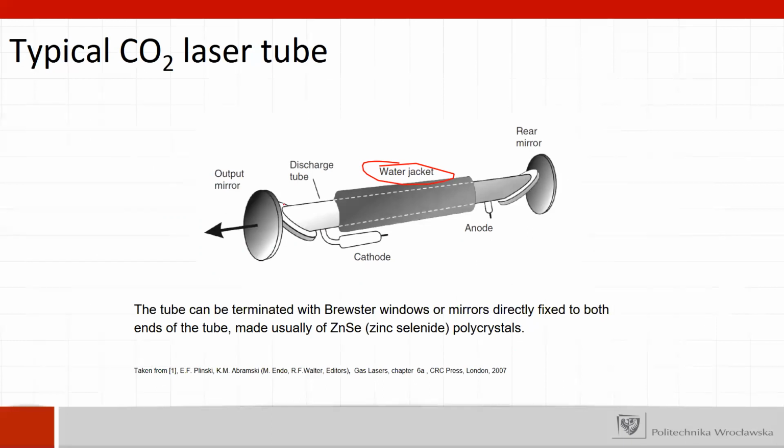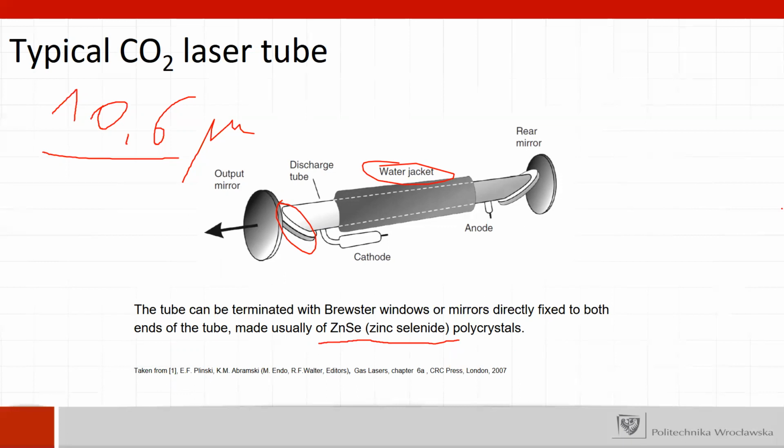And the other thing is that since the laser generates light in the infrared spectral range, like 10.6 micrometers, this is a quite long wavelength. So typical glass based on silica is not transparent to this wavelength anymore. So these windows, these Brewster windows, need to be made of glass that is transparent for infrared. So usually zinc selenide is used as this output window.